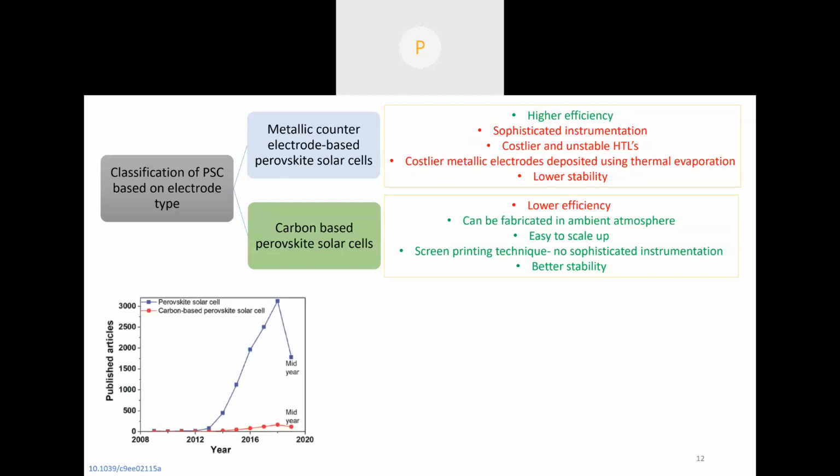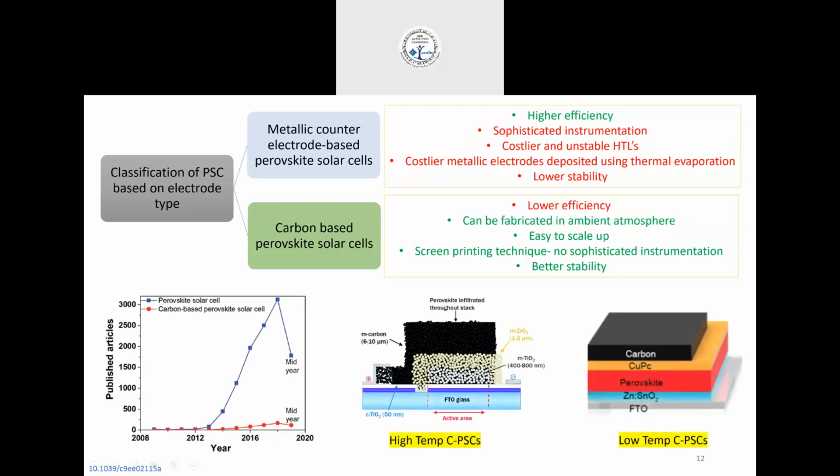These are some of the published articles in the field of perovskite solar cells. You can see the number of publications is very high for normal perovskite solar cells, while for carbon-based perovskite solar cells it is very low. And these are the two types of carbon-based perovskite solar cells: high temperature-based and low temperature-based.